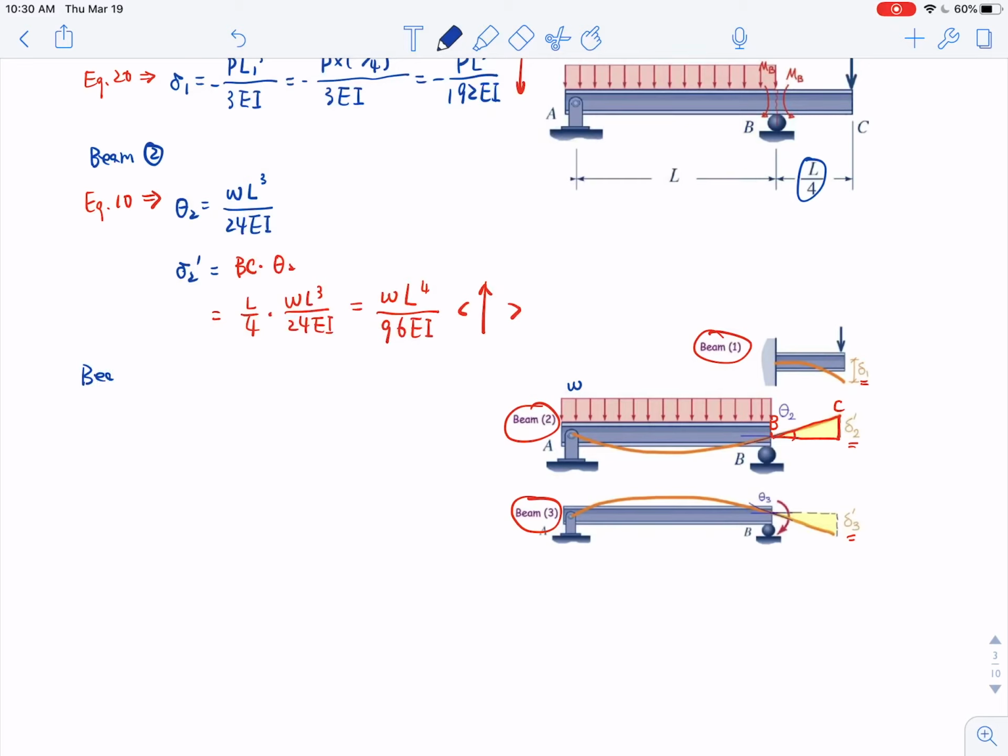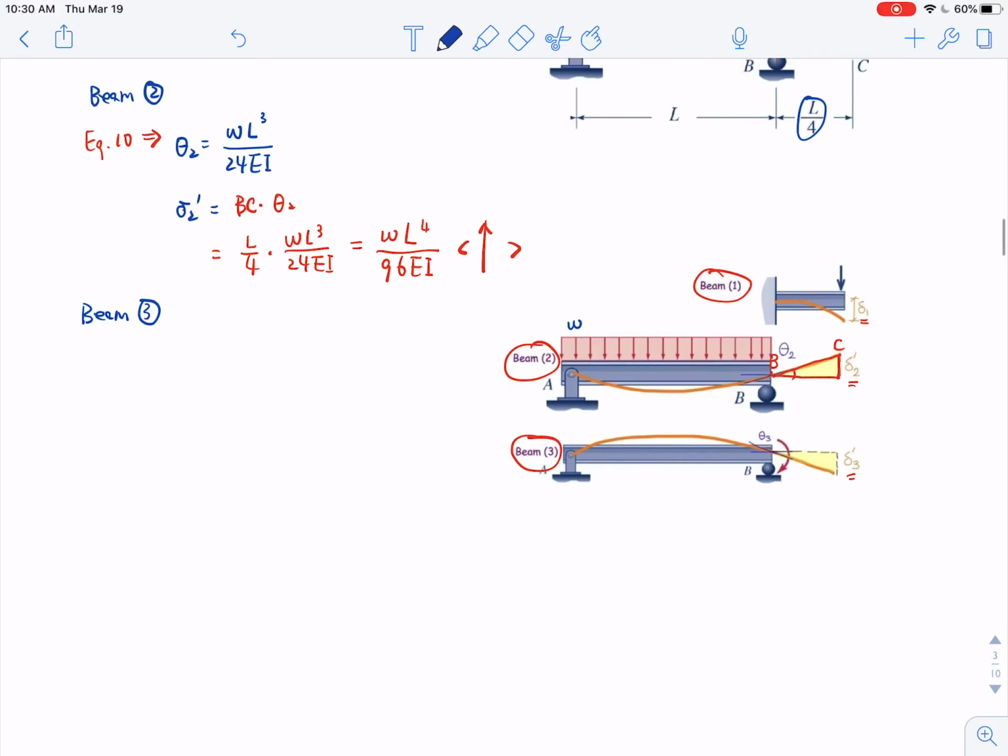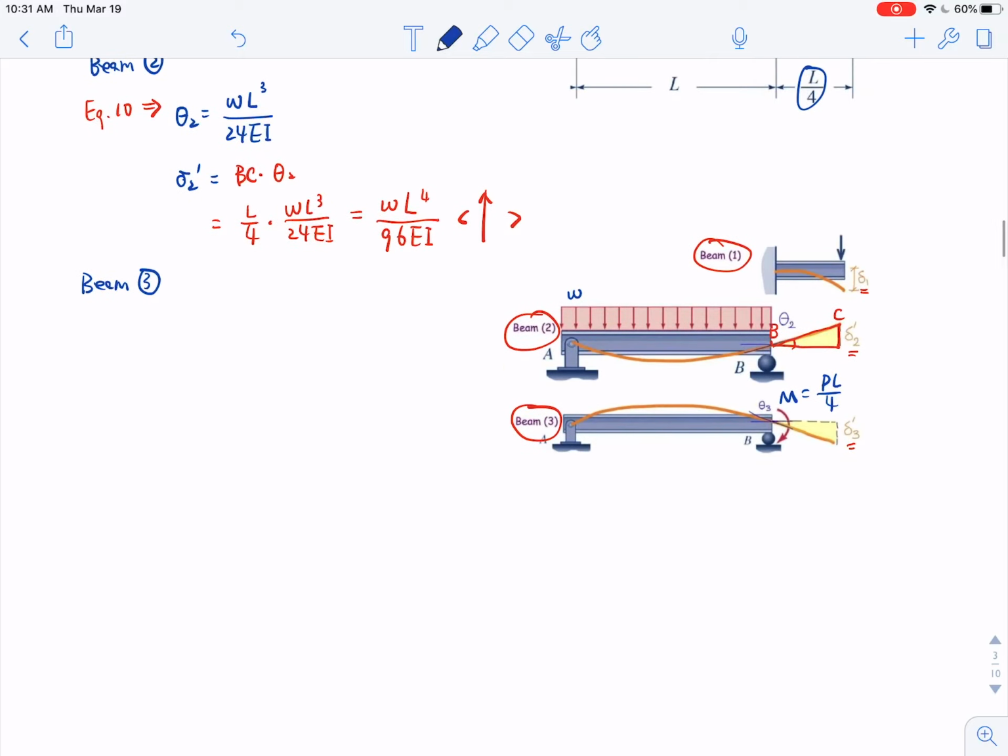Then beam 3. Beam 3 is a simply supported beam subjected to a bending moment M, and M is P times BC, so PL over 4. This is the magnitude of this bending moment.